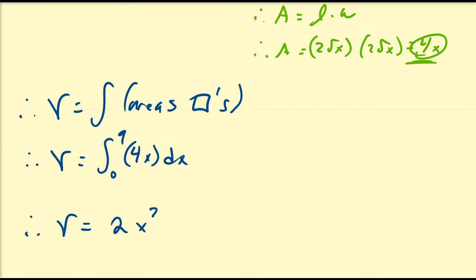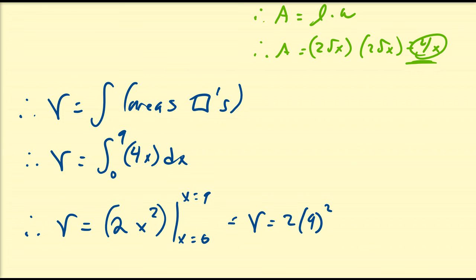So we're just going to be left with 2x squared evaluated from x equals 9 to x equals 0. As usual, 0 does not contribute anything, so we just plug in 9. So we have V equal to 2 times 9 squared. 9 squared is 81, and 81 times 2 is going to be 162. So we have 162 cubic units for that particular volume.